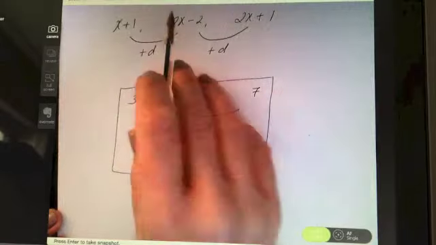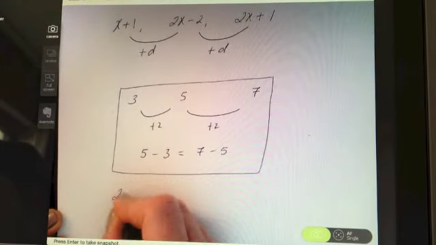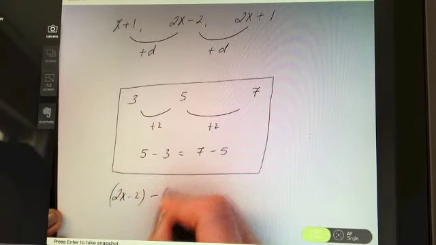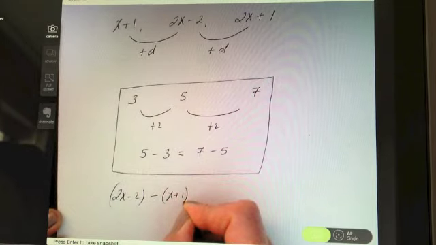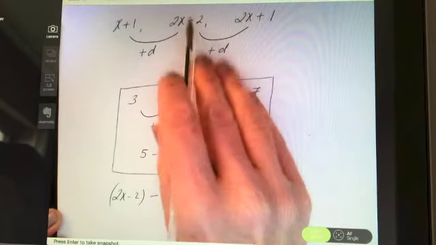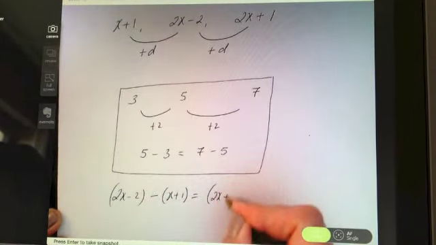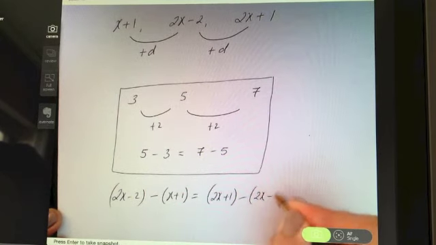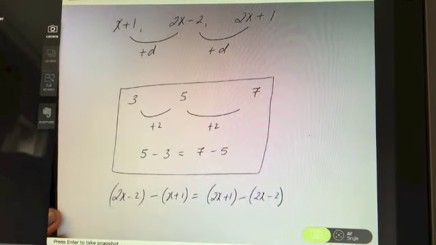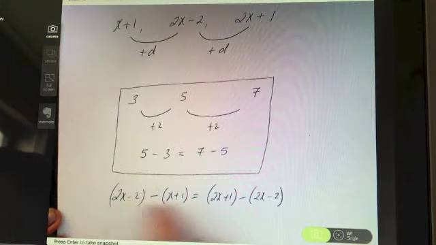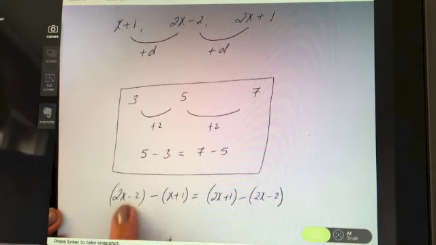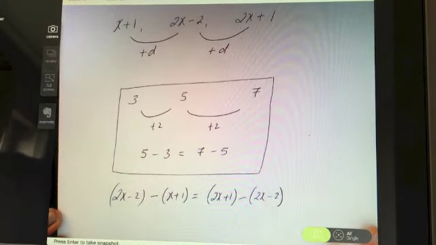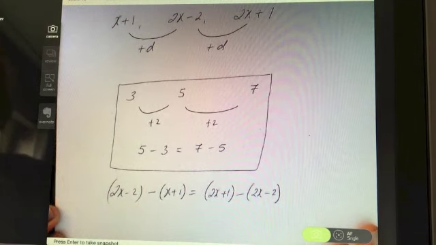So in other words, this subtract this, so 2x minus 2 subtract x plus 1 must equate to this subtract this, so 2x plus 1 subtract 2x minus 2. So now what we have here, you see, is an equation with one unknown, which means I'm going to be able to solve for this x.